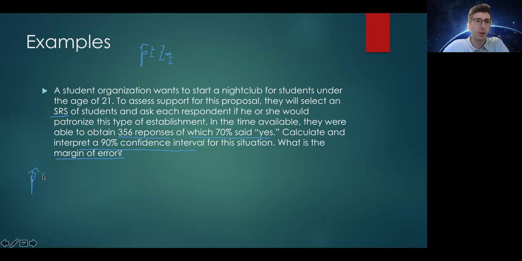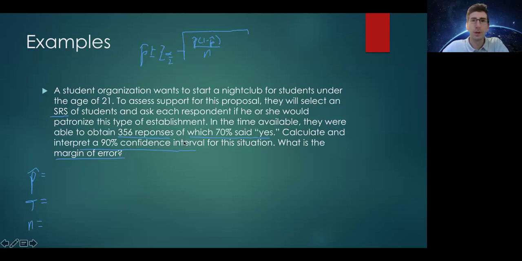So p hat, alpha, we'll have to find the z alpha over 2, and then we have to multiply p hat 1 minus p hat over n. And so try to find these three things that we need to solve this problem.